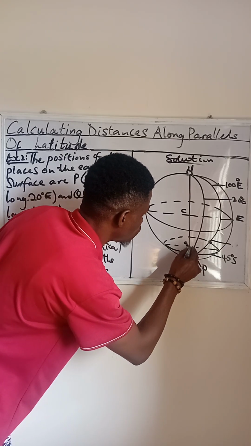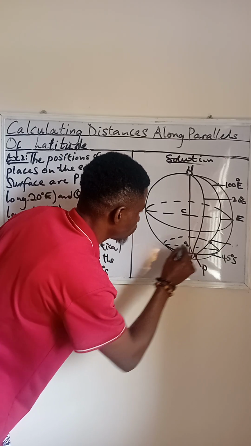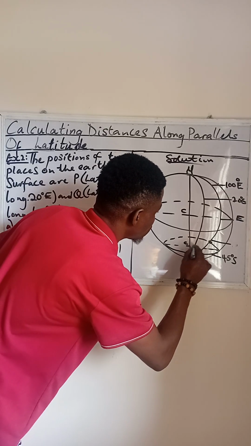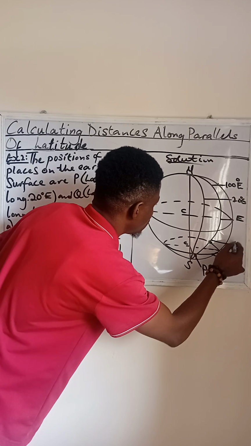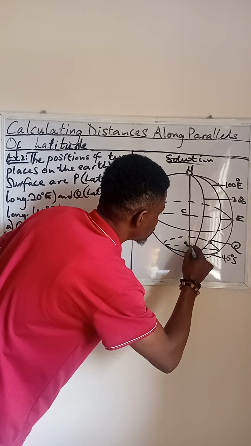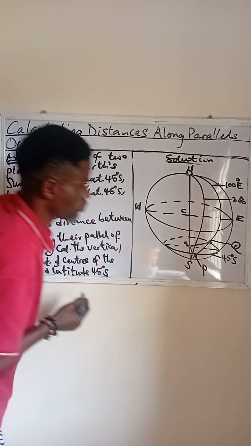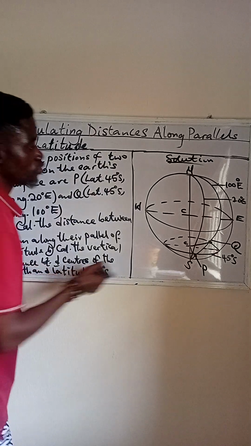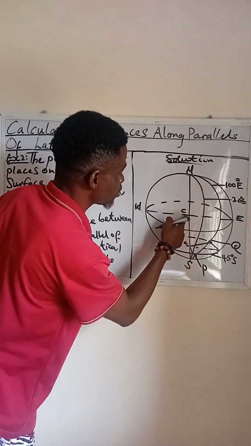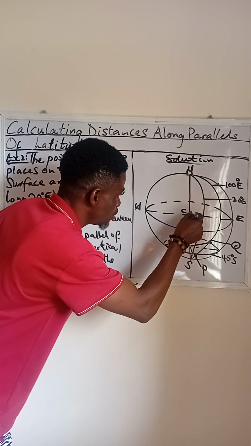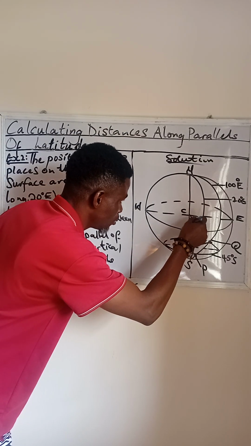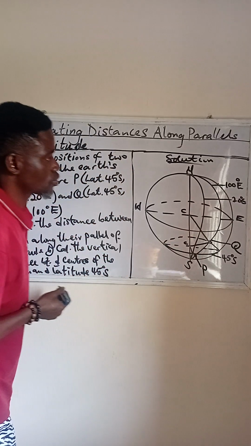So you can join this one together. Then after that, join this one. This is another point Q. Join these together at the same time. Don't forget, this is the center of the great circle. So join this line together.